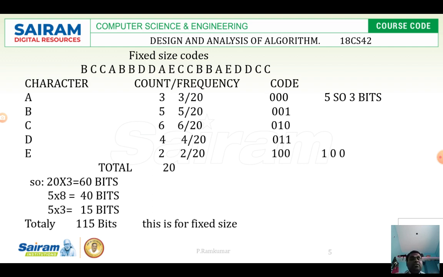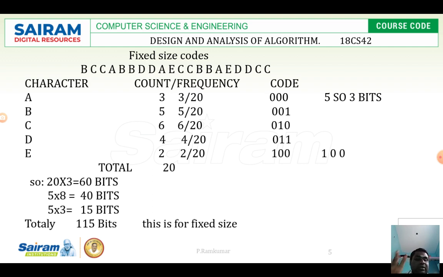Next, if it is a 1-bit word, only 1 bit, then I can represent either by 0 or by 1. If it is 2-bit, I can represent 00, 10, 11 or 01. So here there are 5 characters, so I am going to represent each character by a 3-bit code.